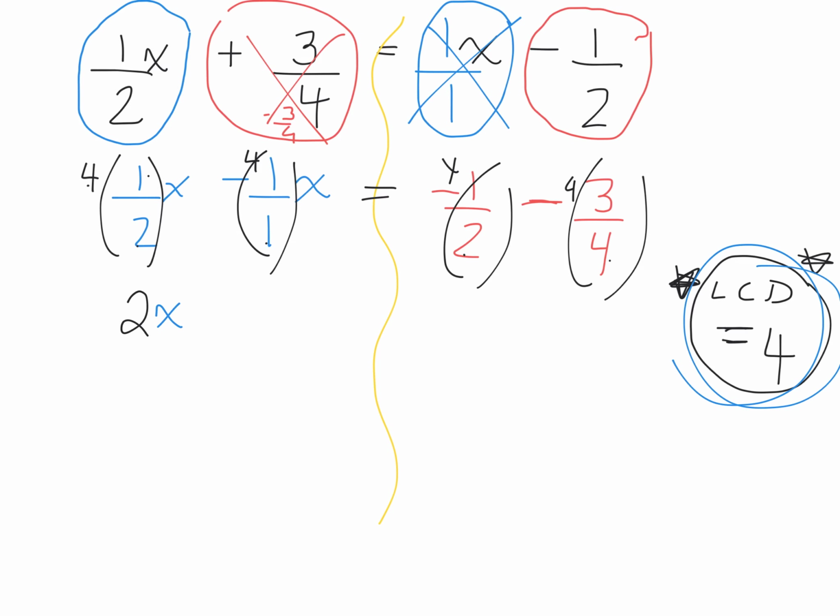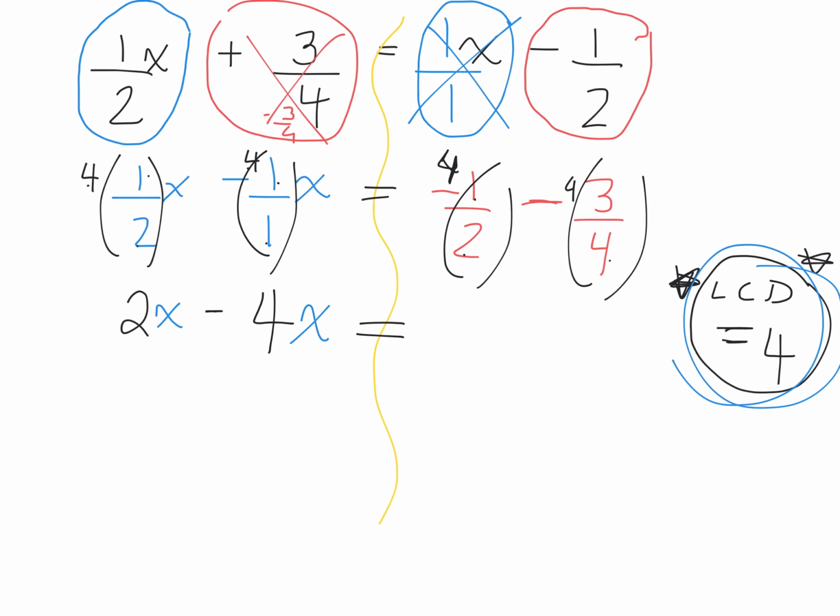So what does negative 4 times 1/1x equal? So 4 times 1/1 is equal to 4. Isn't this much easier to read right now? See what's happening? I'm multiplying by the lowest common denominator. I end up getting rid of all the fractions. So let's do the next one.